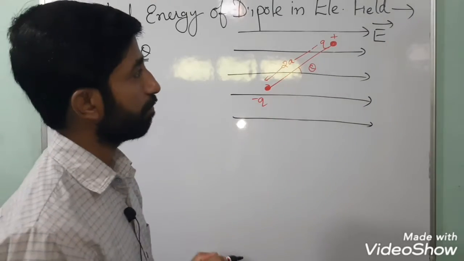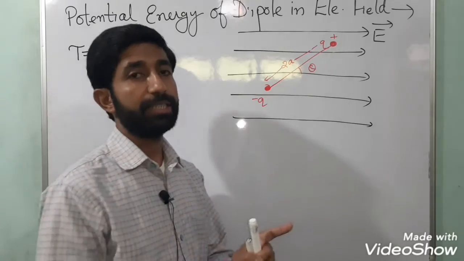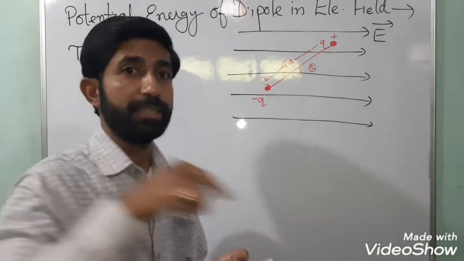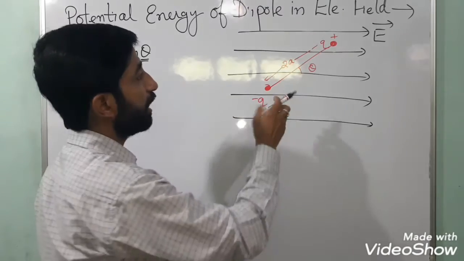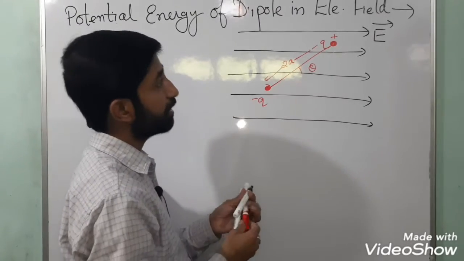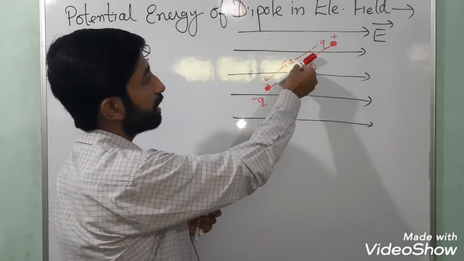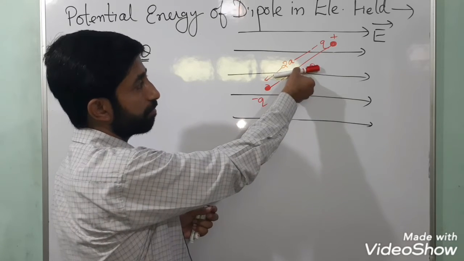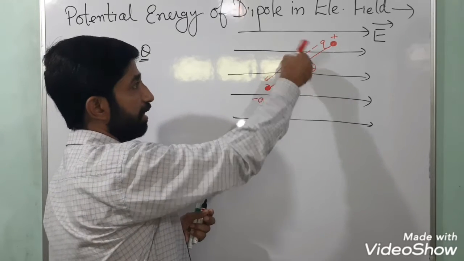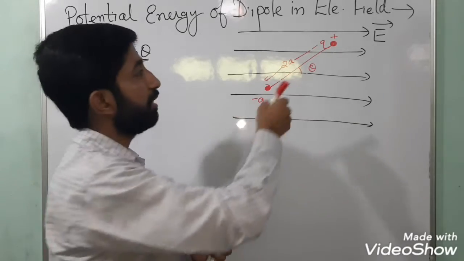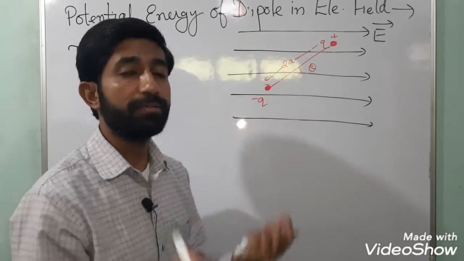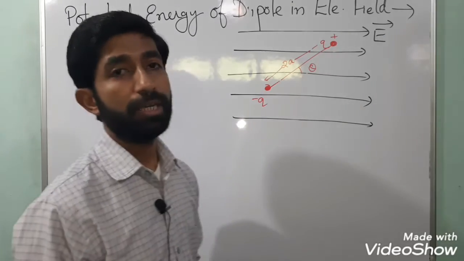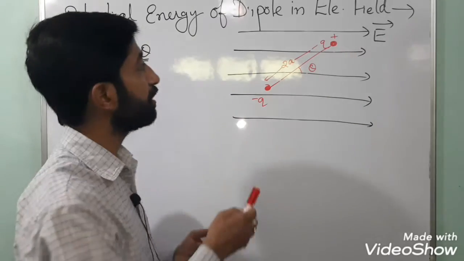Now, the electric field has a tendency to rotate the dipole in the direction of itself. That is, the electric field will like to rotate this dipole in this particular direction, not in that direction. If I change the direction of the electric field, the rotation will be reversed automatically, because the field is in the reverse direction, right?